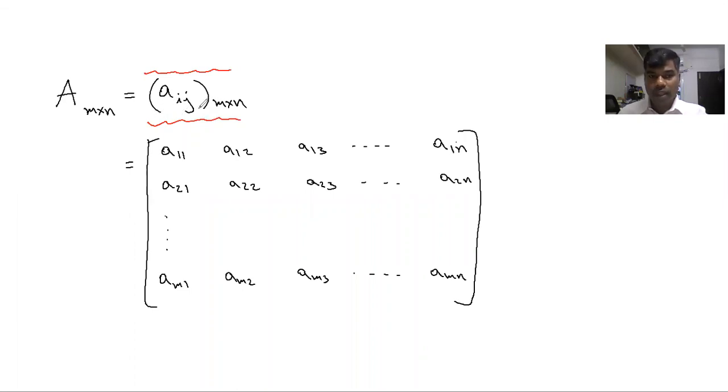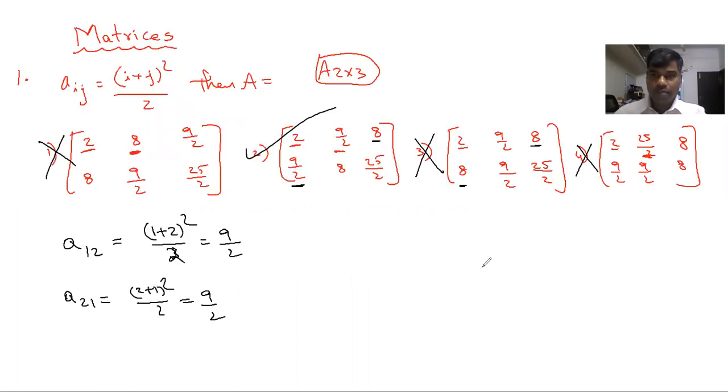So Aij of order m by n is the short notation for this. This is the expanded one, and this is the short notation. Using that only, we did this problem. I'm directly equating the corresponding elements: r plus 2 equal to 4, 5 equal to y plus 3, minus 2 equal to z, r plus 1 equal to 3.